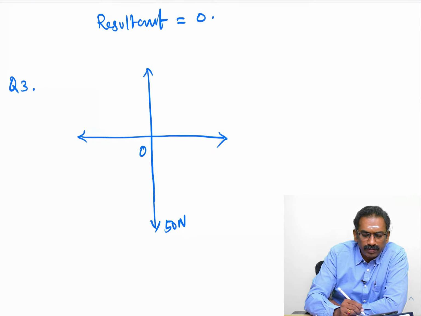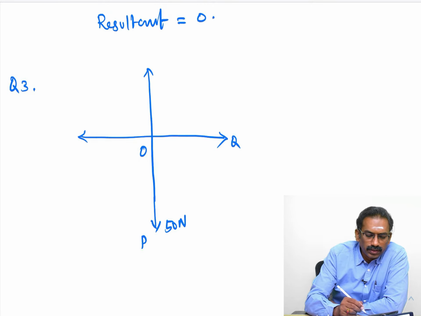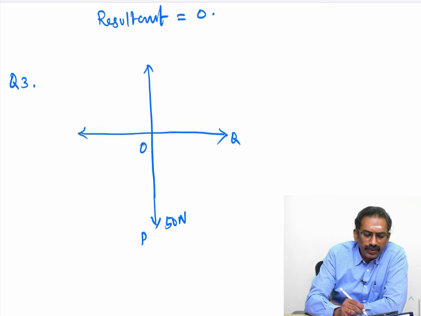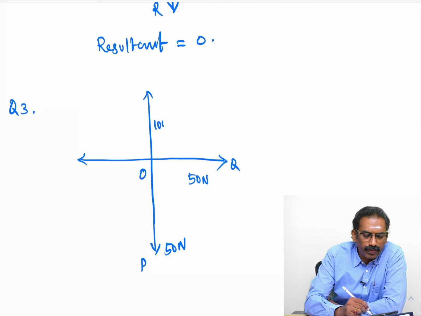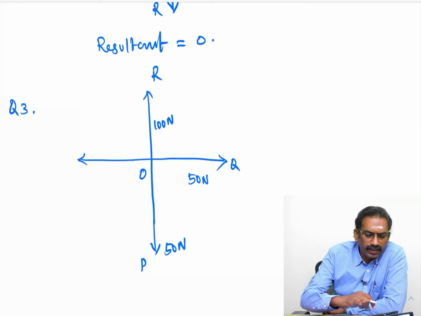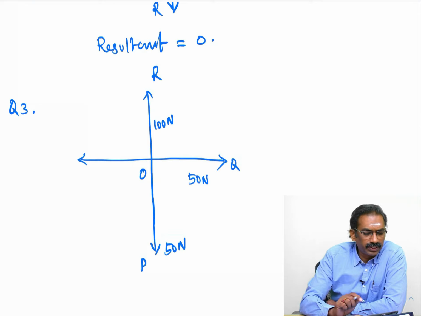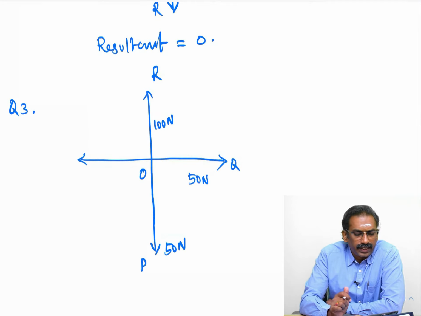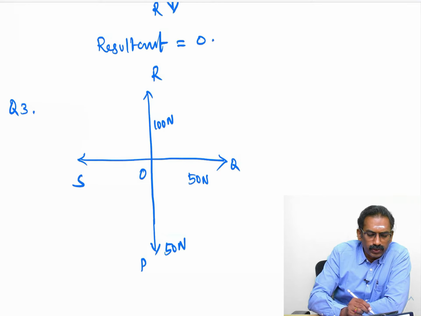This is 50 Newton, OP, OQ is 50 Newton. OR 100 Newton. I could not draw the length of OR double that of OP due to space constraint. Let us consider this is 100 Newton and this is OS also 100 Newton.